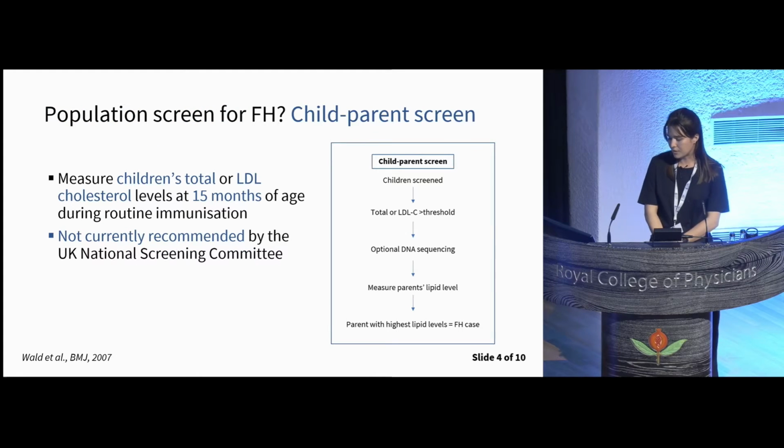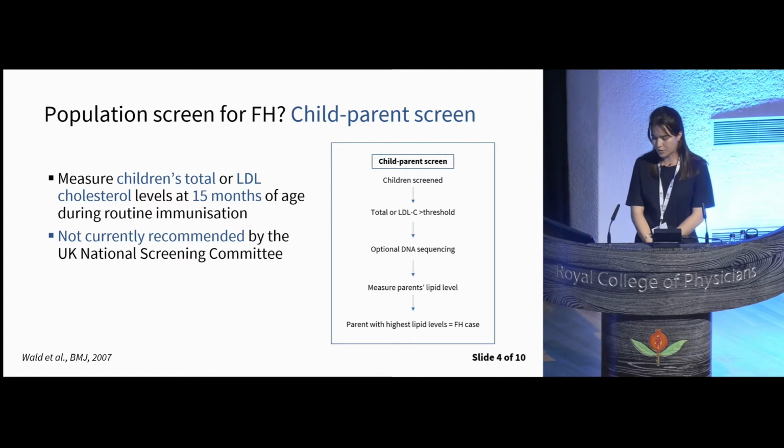While there is currently no population screening strategy in place for FH, in 2007, Wald and colleagues published a child-parent screening strategy for FH. This involved measuring children's total or LDL cholesterol concentrations at 15 months of age during routine immunization.